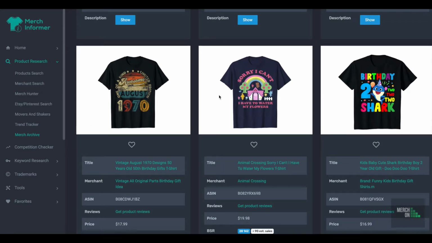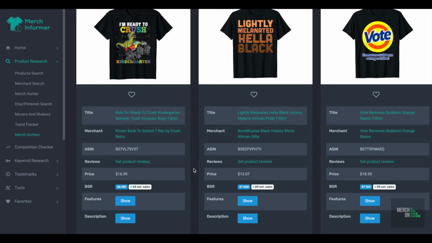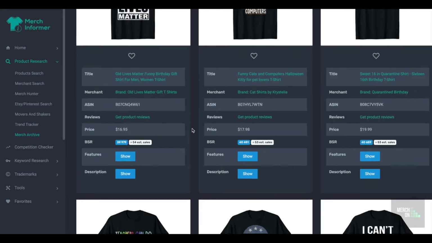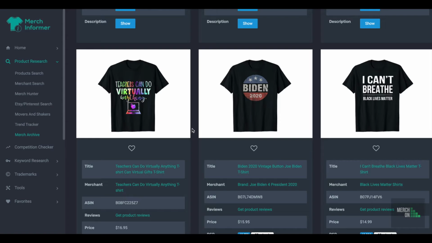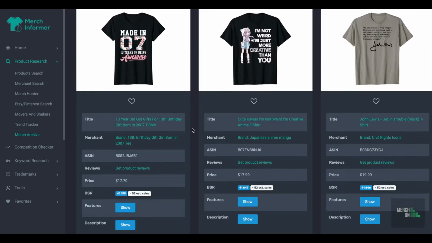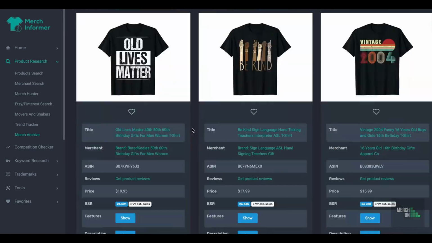So it seems like birthday type shirts are good sellers. Kindergarten, so school shirts. It really could just get your mind thinking about what's going to sell. Generally, history will repeat itself. So let's go all the way to October.